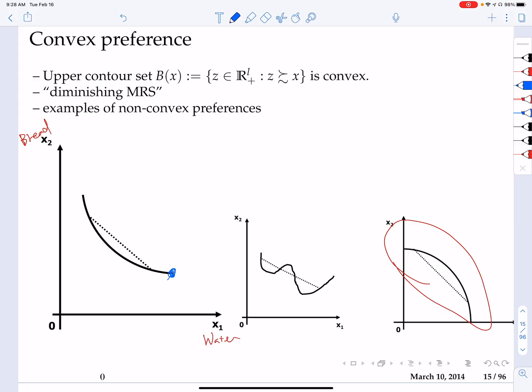So in units of water, you would be willing to sacrifice lots of water for a small amount of bread.